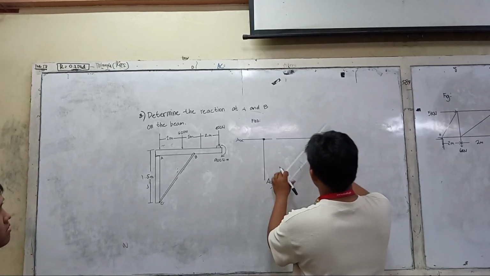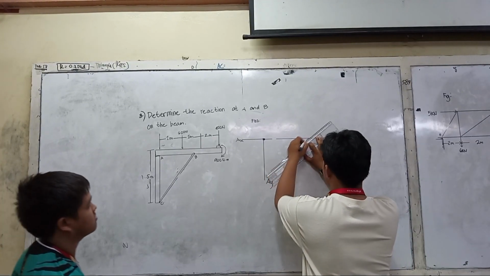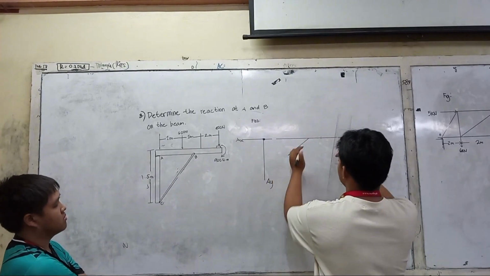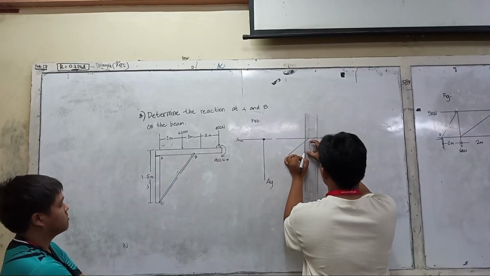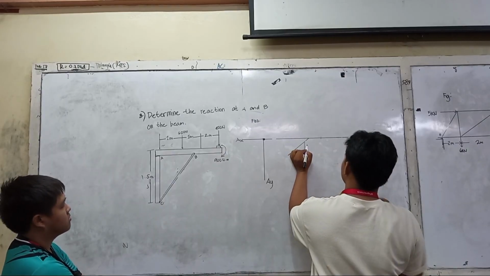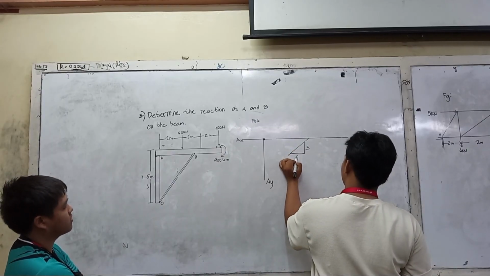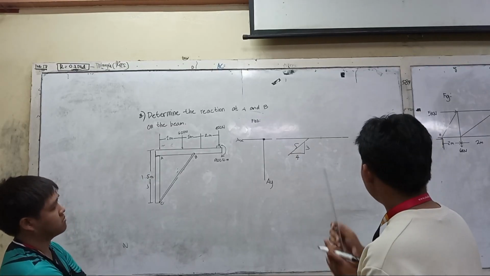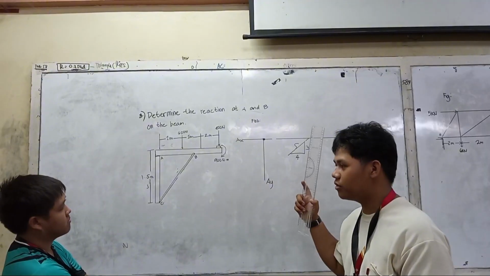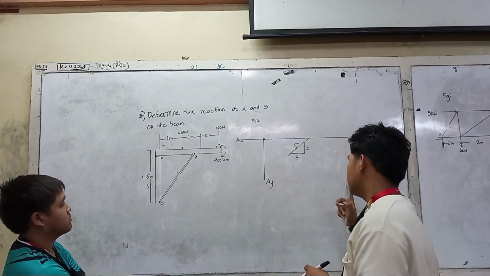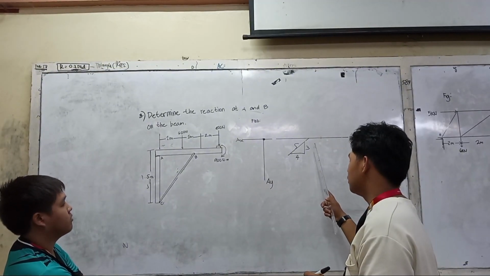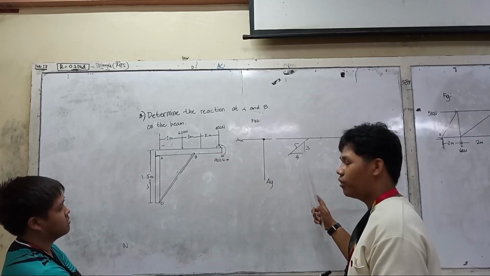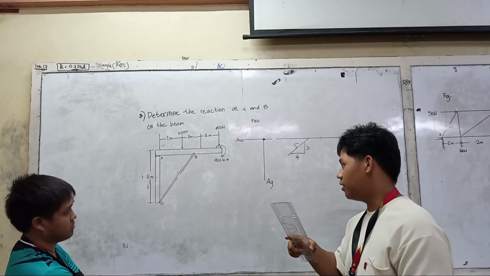So here we go, the 3-4-5, which is like this. So 3, 4, and 5. You need to remember that the 5 is the hypotenuse, this one is the opposite, and the 4 is the adjacent.